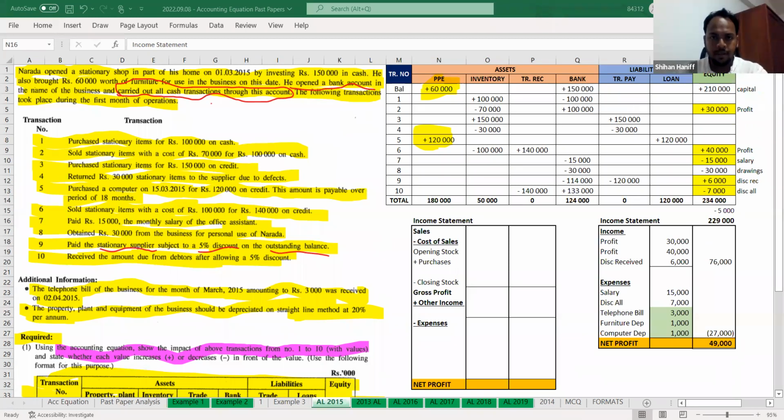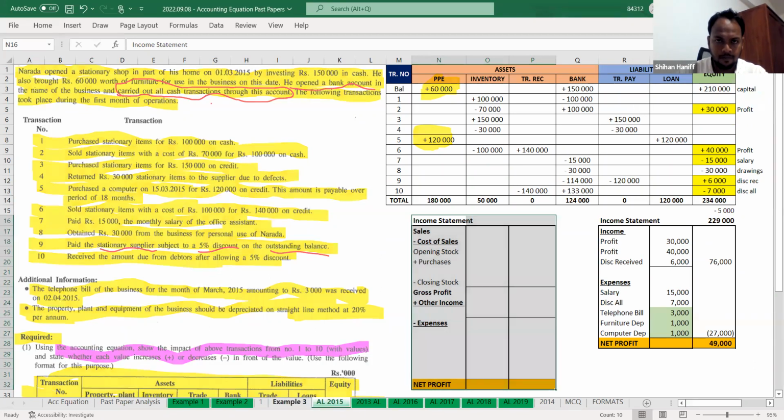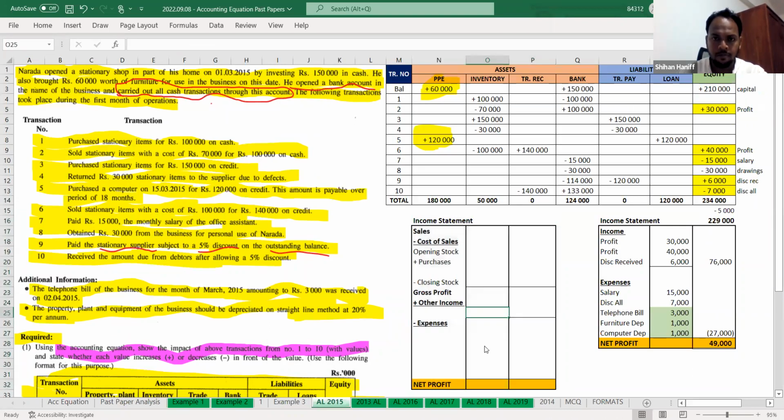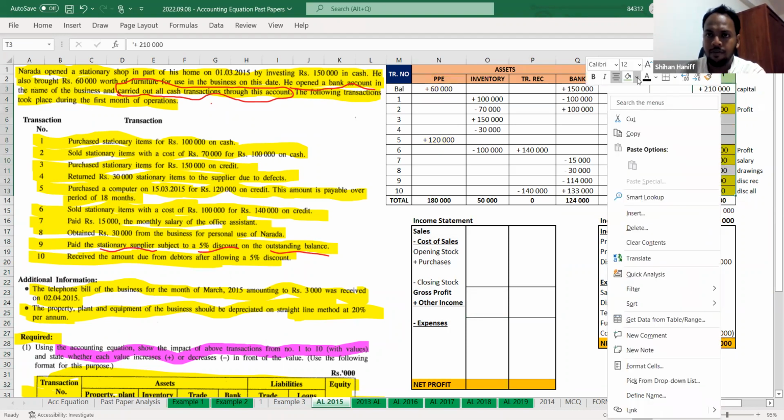All right. So let's do the income statement. Identify the sales, taking from this.